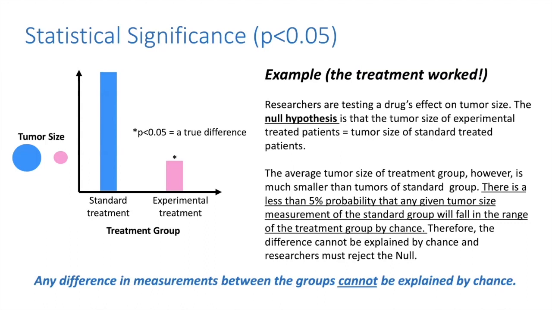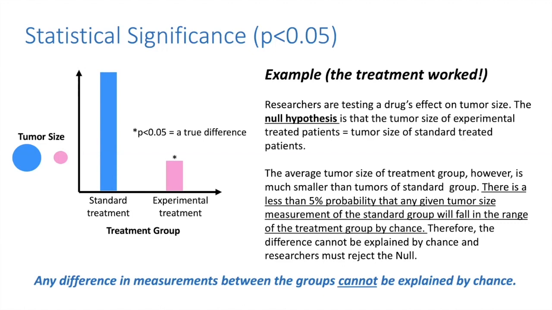Let's walk through an example that is statistically significant and has a p-value of less than 0.05. In this example, the treatment worked. Researchers are testing a drug's effect on tumor size. The null hypothesis is that the tumor size of the experimental treated patients equals the tumor size of the standard treated patients. The average tumor size of the treatment group, however, is much smaller than the tumors of the standard group.